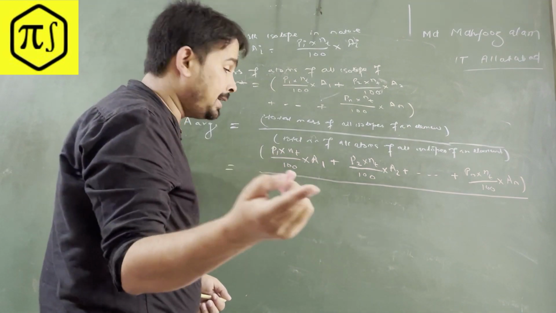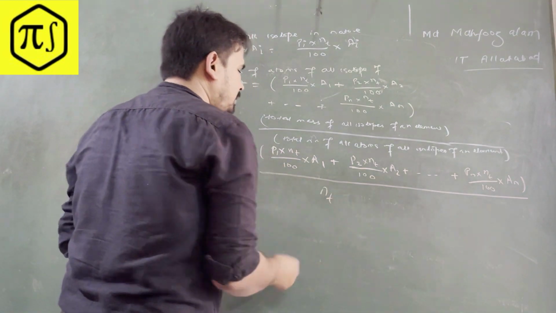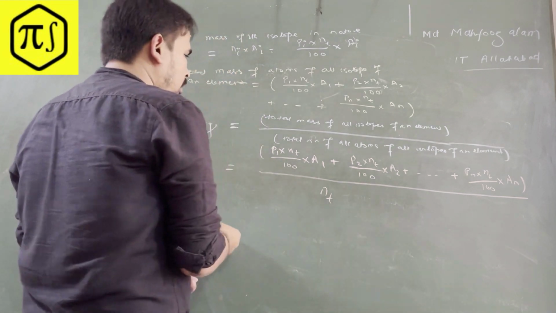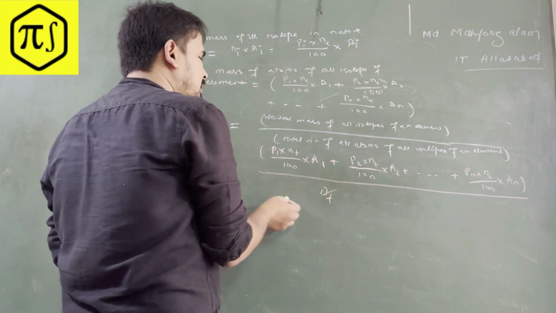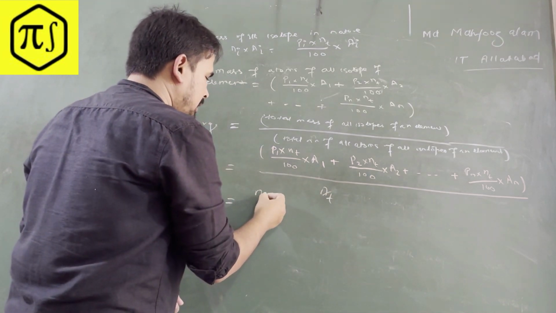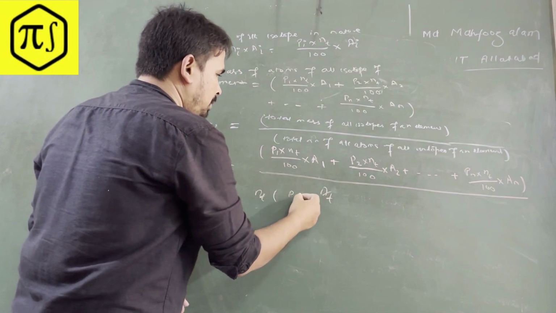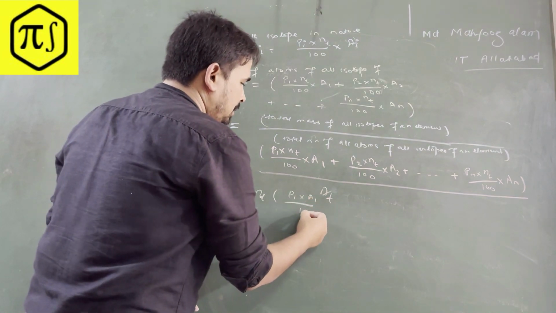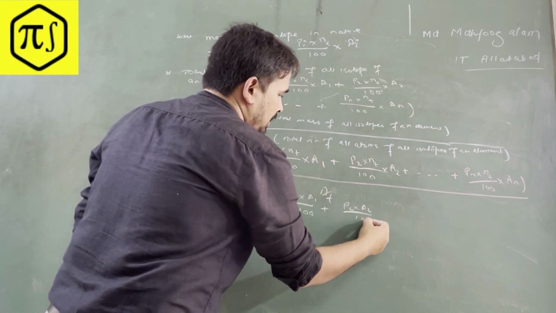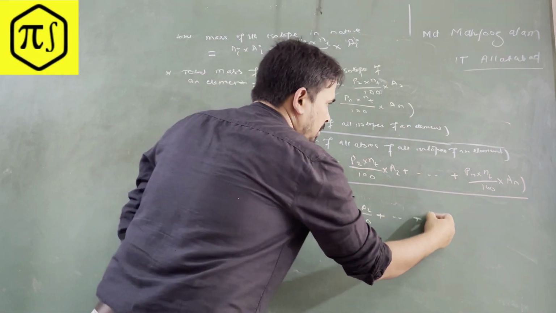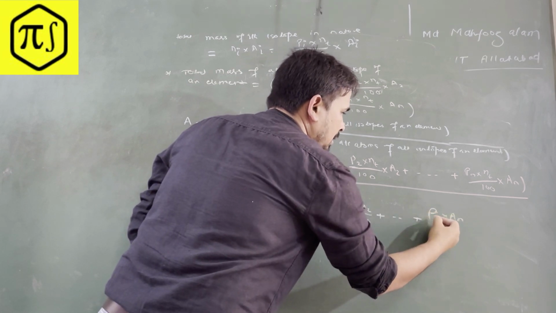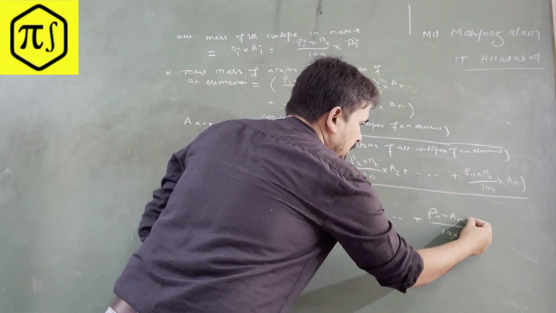We already considered Nt, right? So Nt will come out. We write one more step: Nt times P1 into A1 by 100 plus P2 into A2 by 100 plus Pn into An by 100.